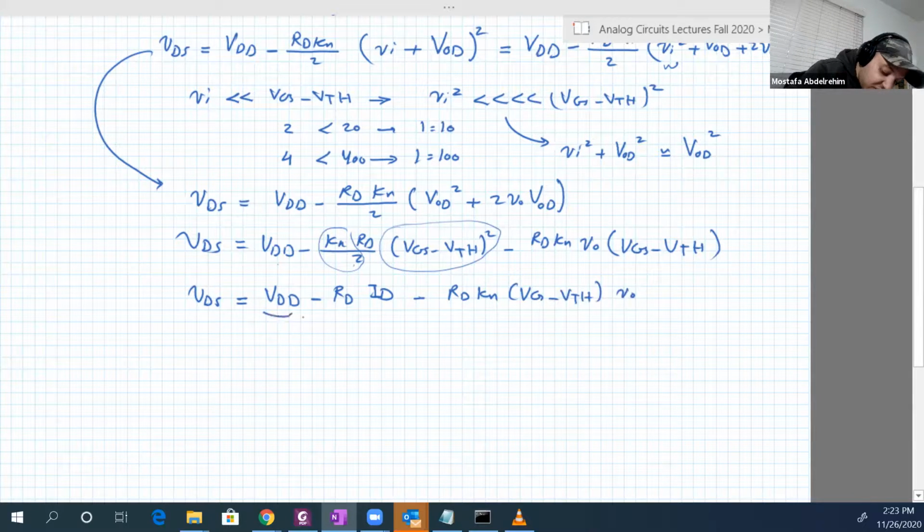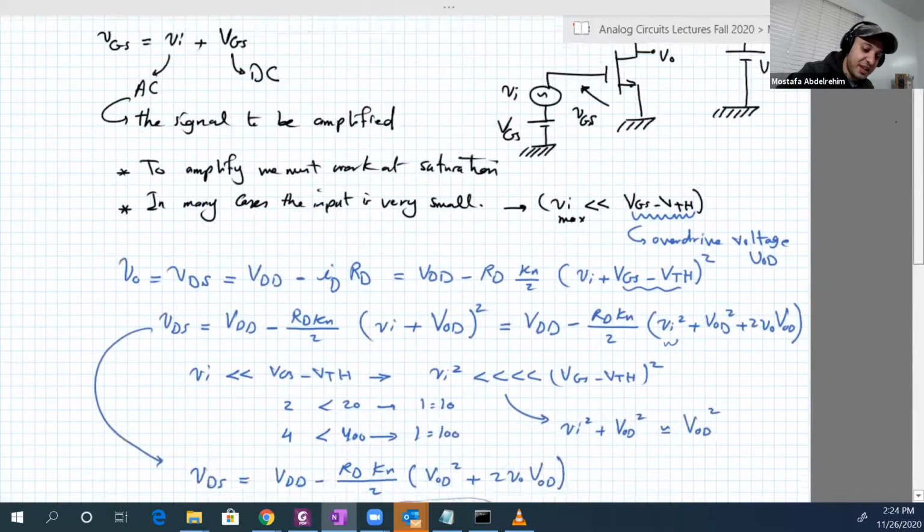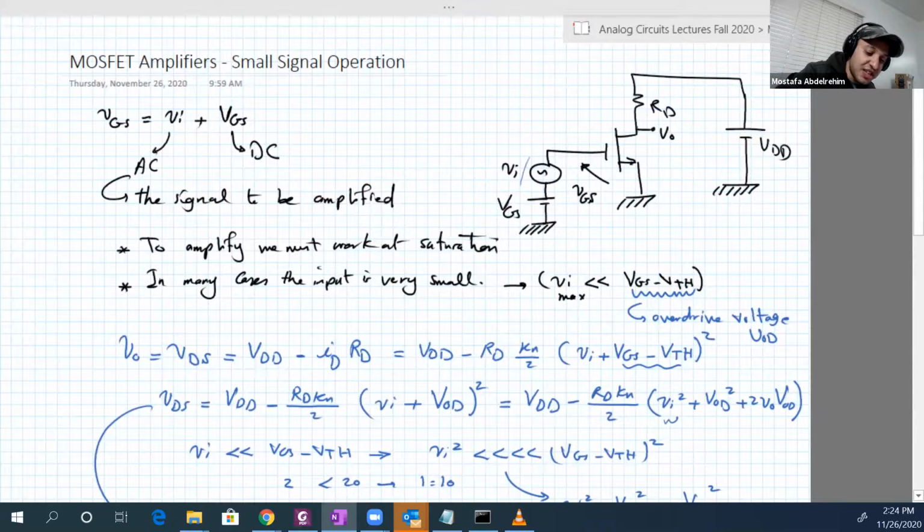Okay, what is this term? This term is basically the DC portion of vDS, so this is capital VDS. If you don't have an AC voltage, the voltage here will be VDD minus ID capital multiplied by RD, and ID is just DC.